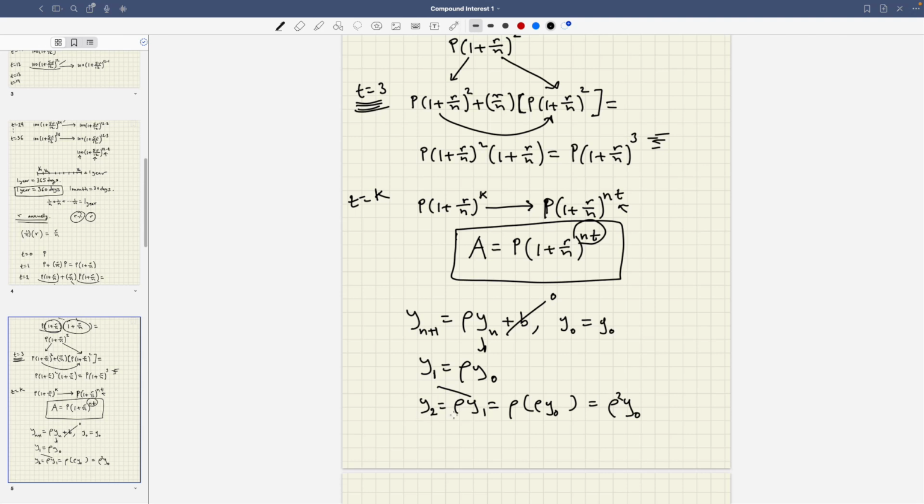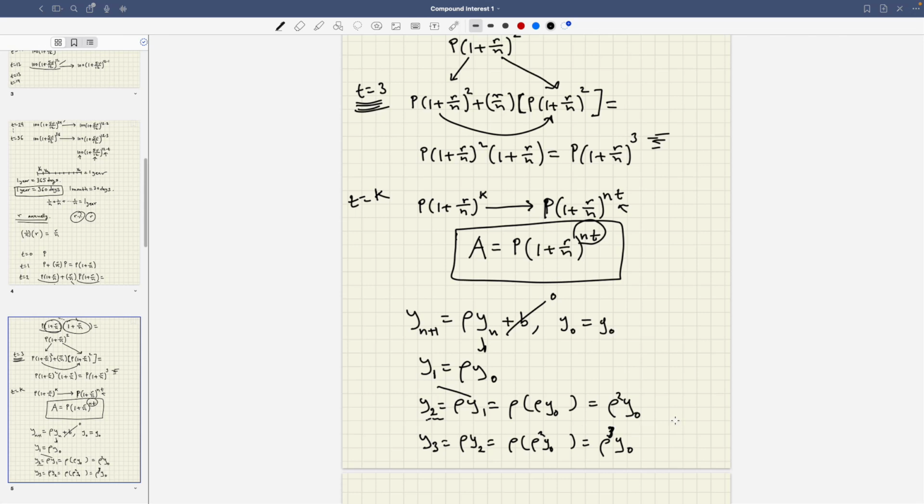I mean, the square matches the index of the y. But anyways, y sub 3 will be rho times y sub 2. What's y sub 2? y sub 2 is up here, right? Which is rho squared y naught, which is just rho cubed y sub naught.